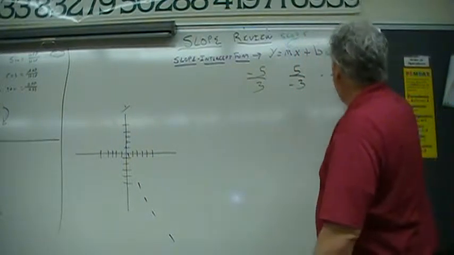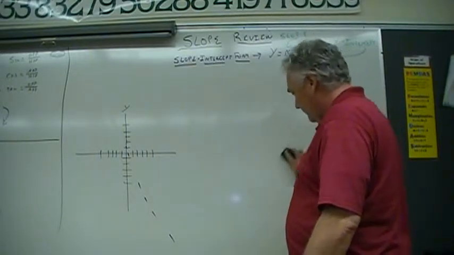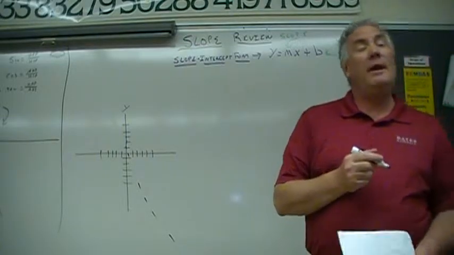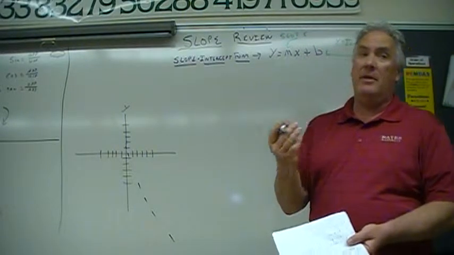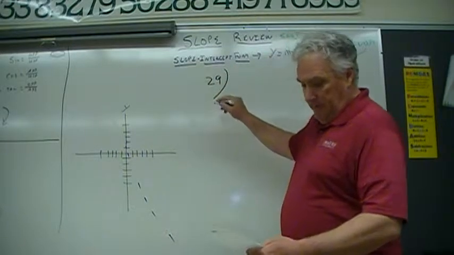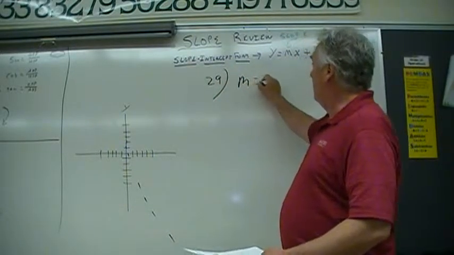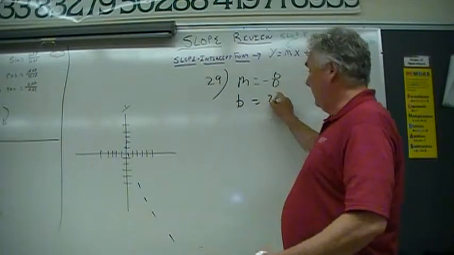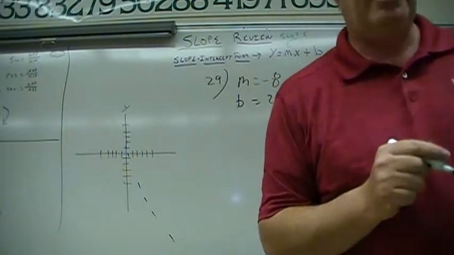Okay, we're starting to wrap up our time here. We'll work on number 29. 29 is reversed from the ones we started with. So, if m equals negative 8 and b equals 2, what do the directions say?